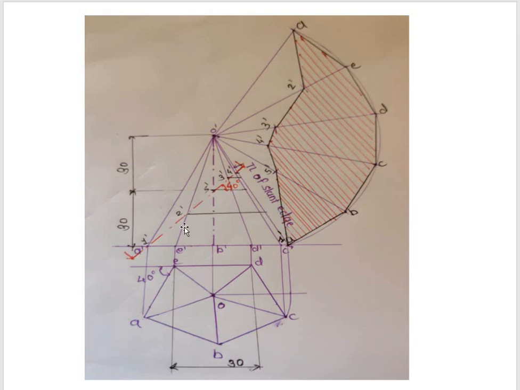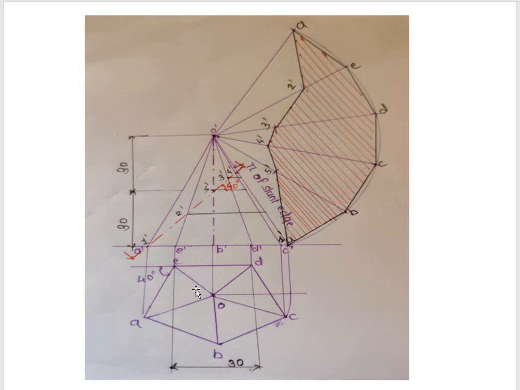And after that, simply you have to pass the points you are getting on the generators, okay. Because see here, this is the O dash E dash, O dash B dash, O dash D dash, these are not the true length generators, okay. So you have to simply pass these points up to the true length point, and after that take the distance in the compass O dash 1 dash, and again mark these points, okay.